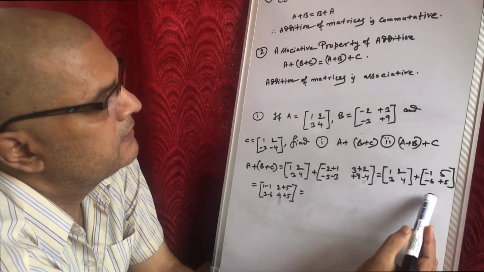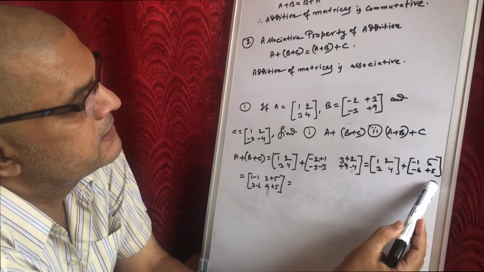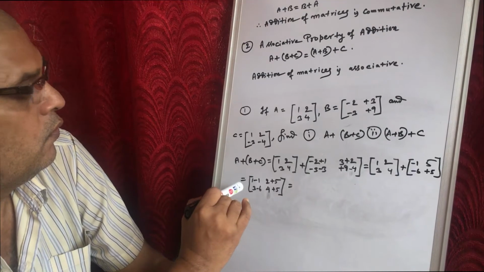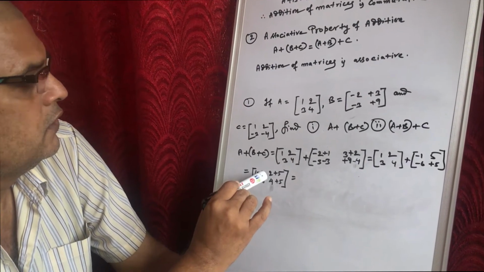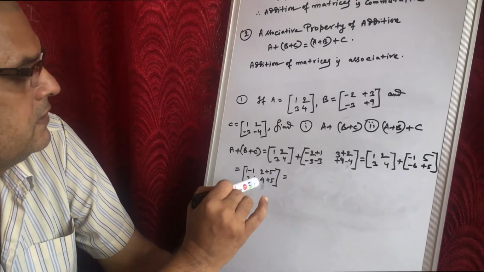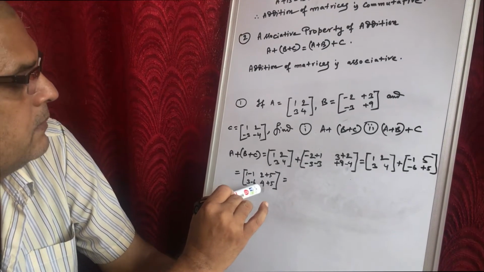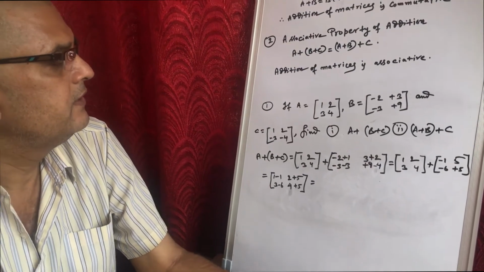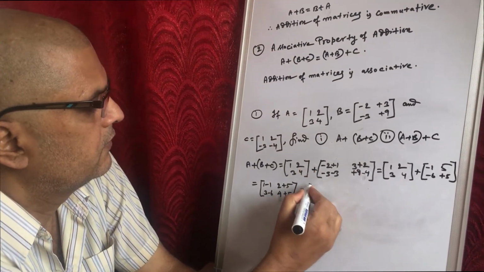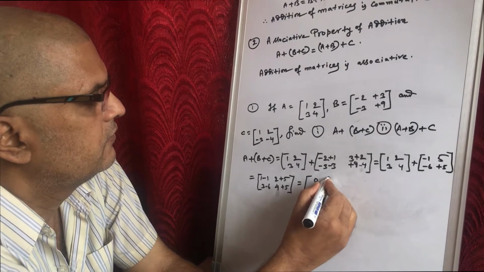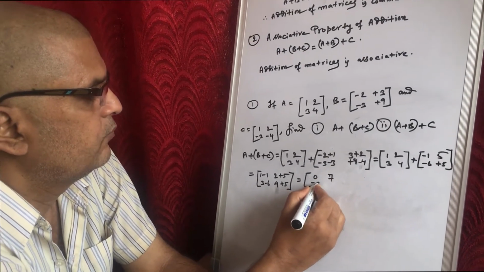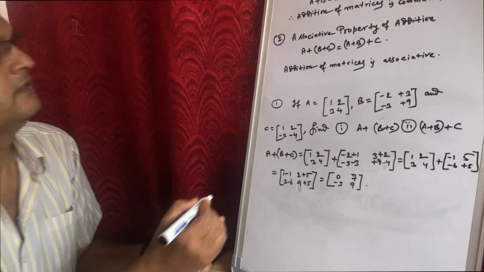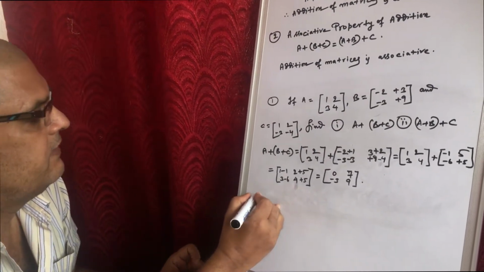Now I am adding these two matrices. I have to add the corresponding elements. So it is 1 minus 1, 2 plus 5, 3 minus 6, 4 plus 5. So it will be 0, 7, minus 3, 9.